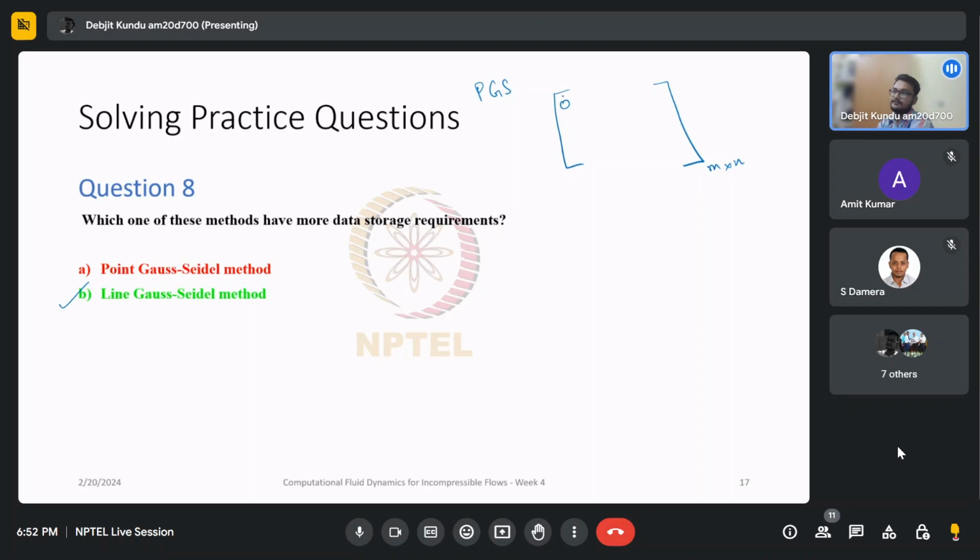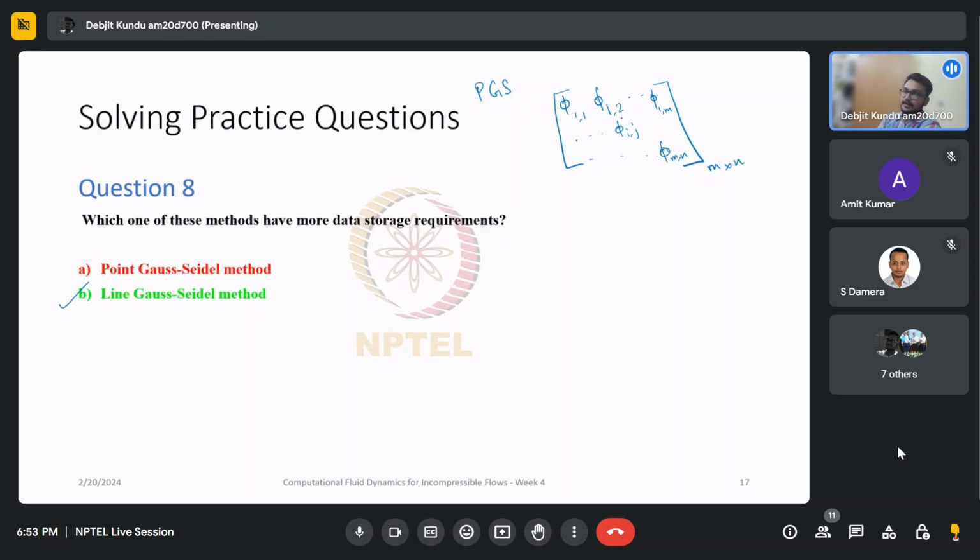So I have something like phi 1 comma 1, phi 1 comma 2, dot dot dot, phi 1 comma m. Similarly, some phi i,j, and in the end I have phi m comma n, let's say. So this is how the matrix looks, and we keep updating values.